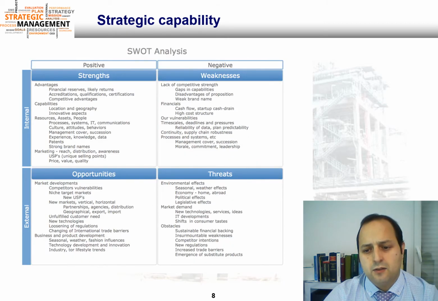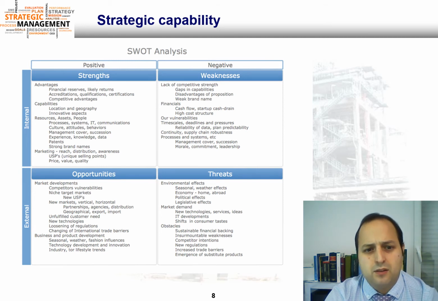In this slide, you can find a sample of the SWOT analysis, the things that a SWOT analysis has to consider: the strengths, the weaknesses, the opportunities, and the threats. Let's consider that, as we said, the strengths and weaknesses are within the company, are internal aspects, and both opportunities and threats are external aspects. This is super important.